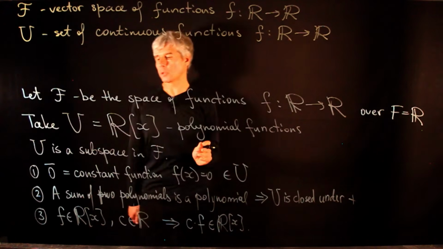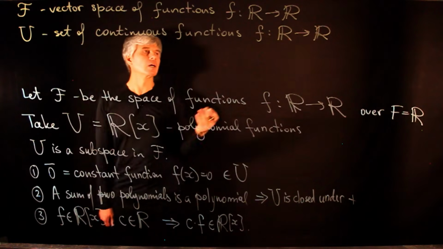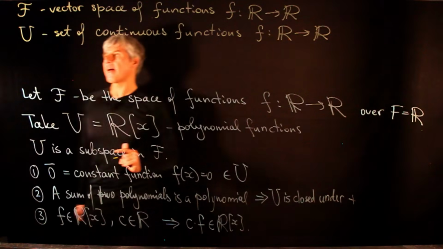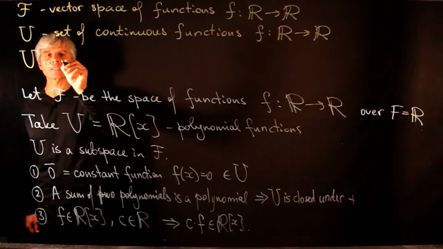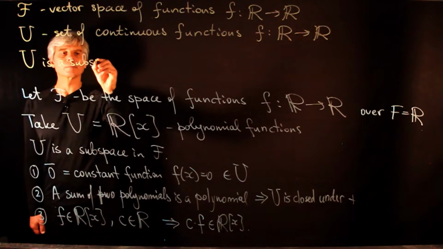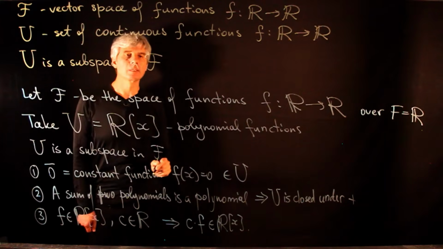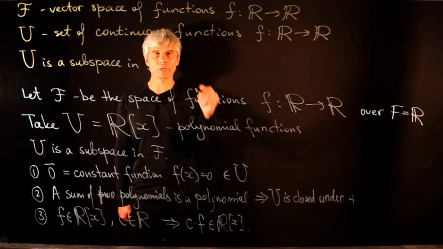So this will include all the polynomials, but also the sine function, sine of x, will be in this subset. Then what we say is that U is a subspace in F.